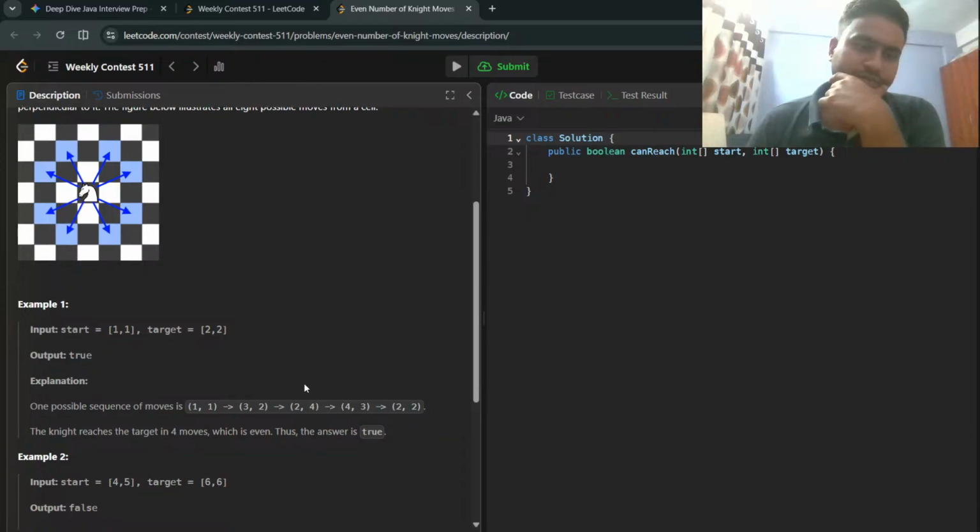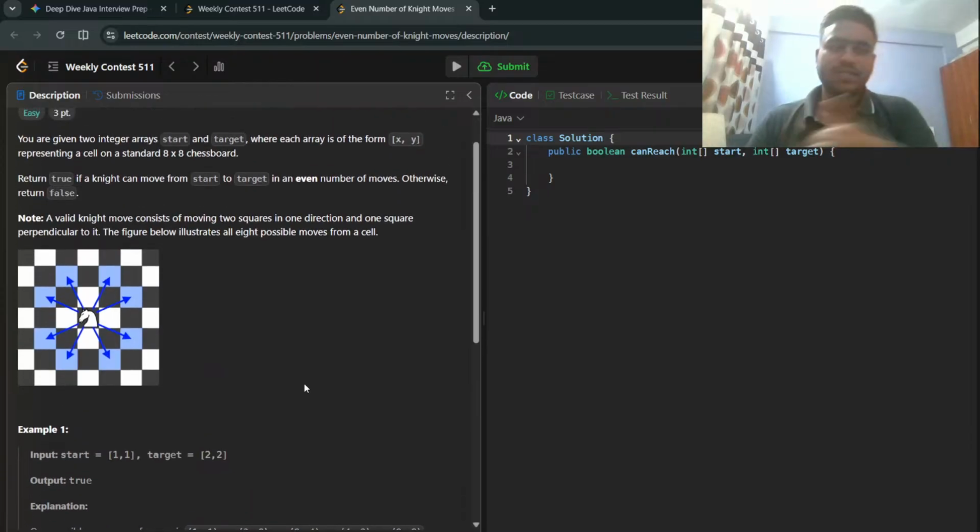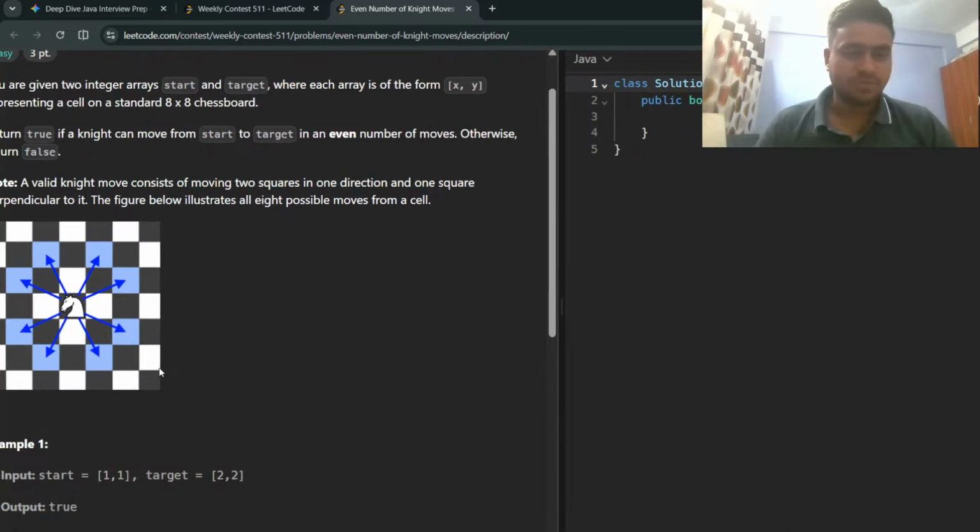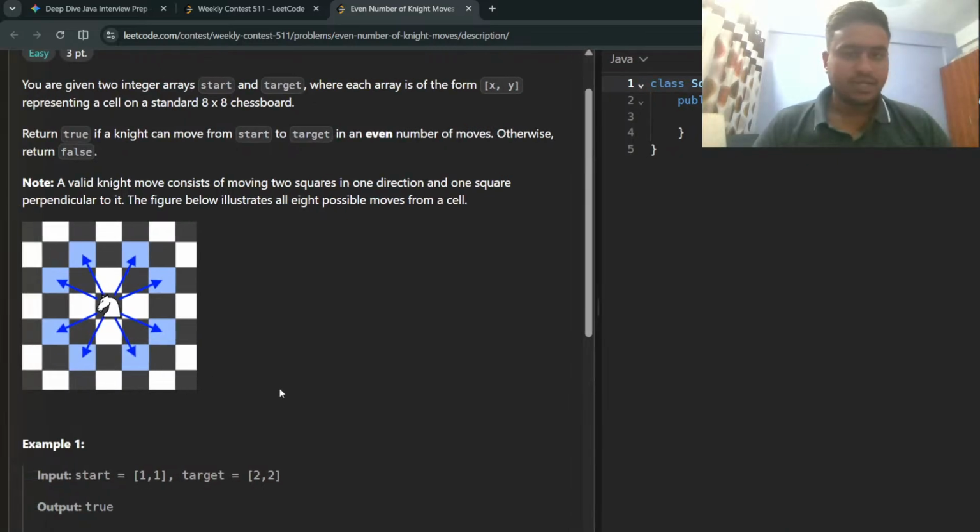So let's understand the problem. It is clearly mentioned that we have to reach the target from the start node in an even number of moves.